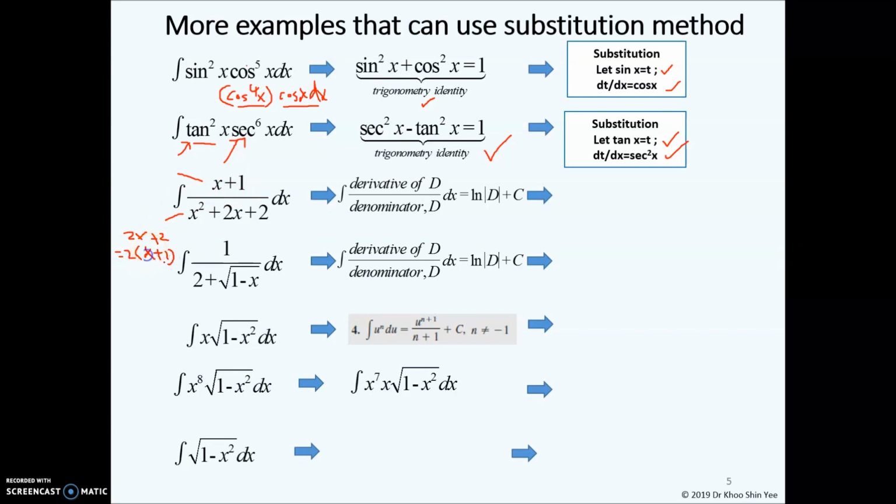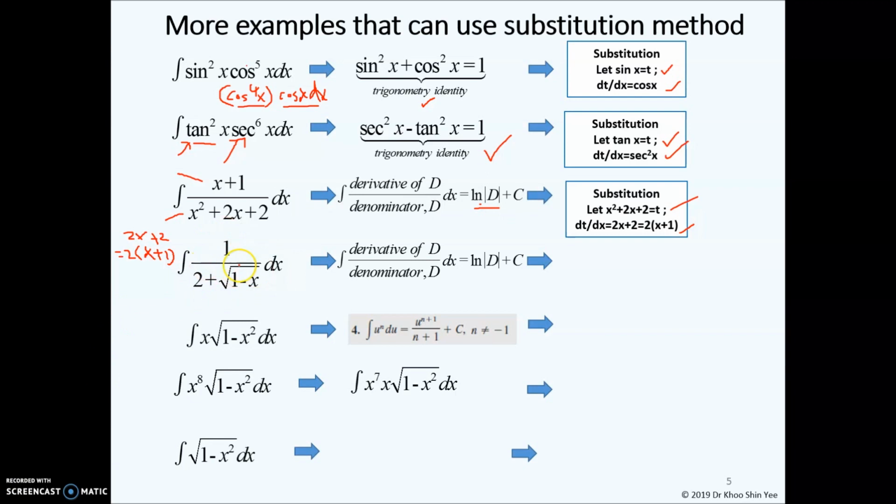You can see the x plus 1 term. So in this case, you can let t be the bottom part. Okay, after we differentiate, you get the top part. So normally when you see this relationship, the answer should be in log, right? You can try it and you should get this answer.